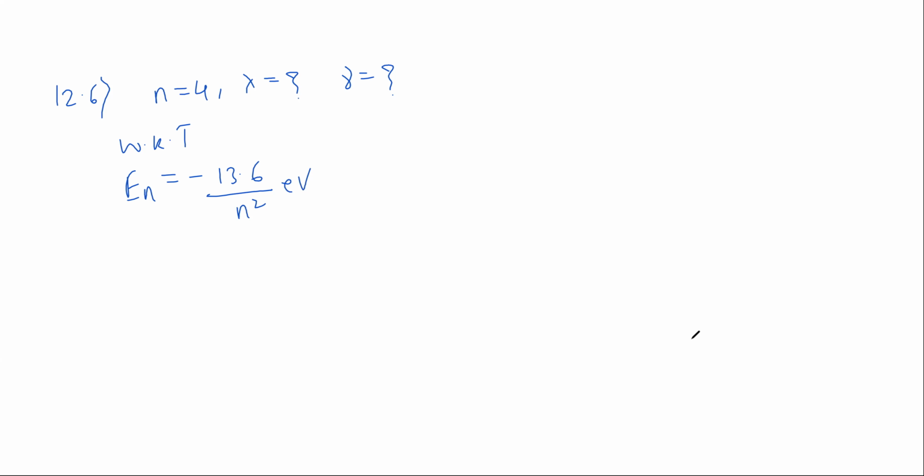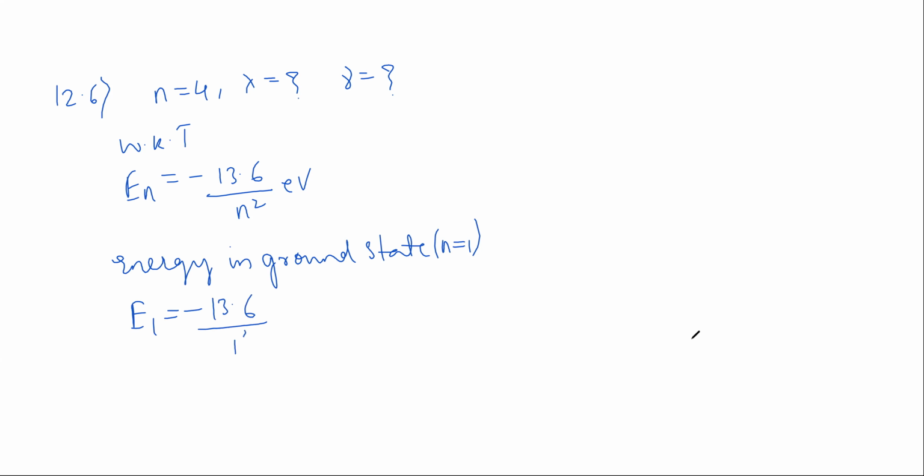Energy in the ground state means n value is 1. So E1 is equal to minus 13.6 divided by 1 square, which is minus 13.6 electron volt.